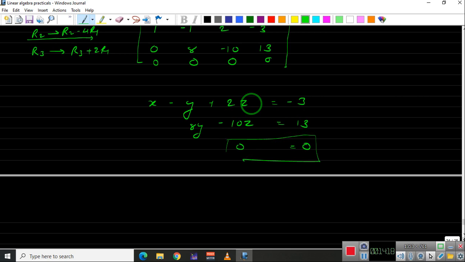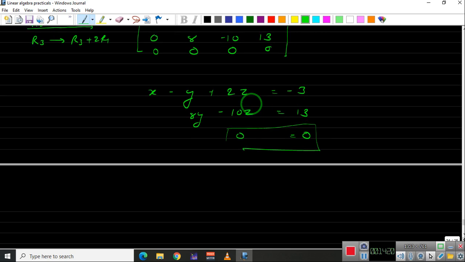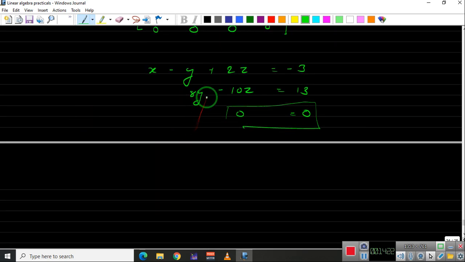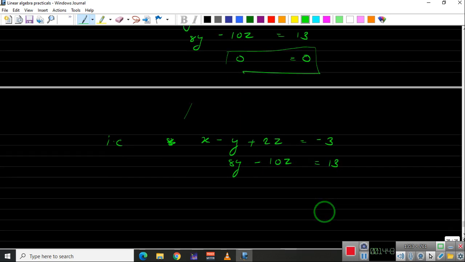How will we get the parameterization? You can write y in terms of z, and you can write x in terms of z, right? That is, we have x minus y plus 2z equals minus 3, and 8y minus 10z equals 13. We have 2 equations, 3 unknowns.